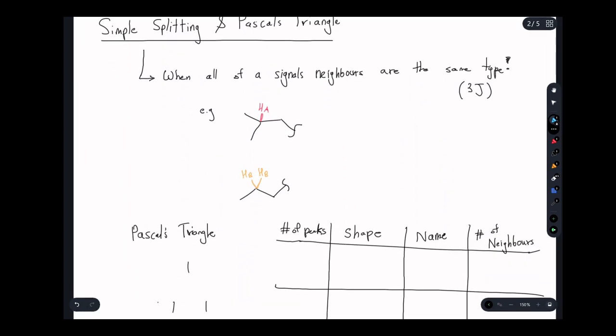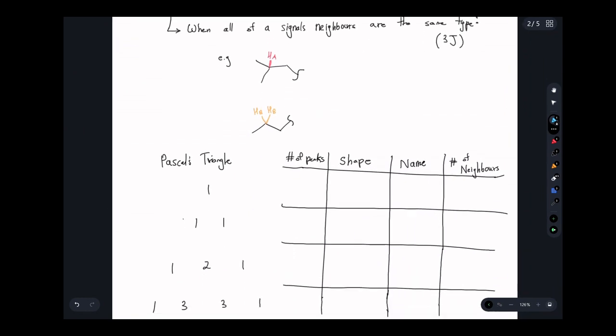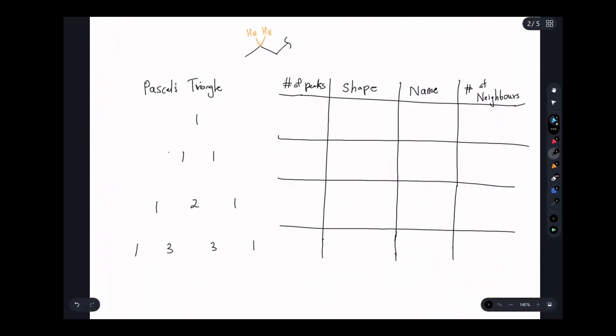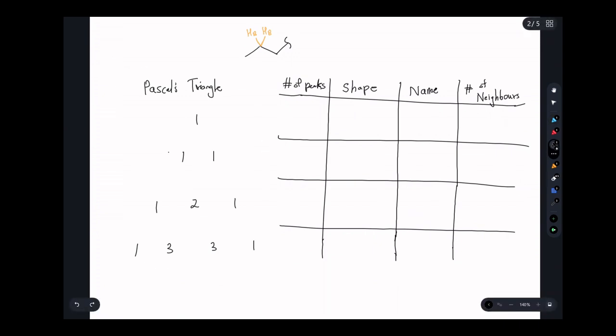Let's quickly talk about Pascal's triangle and how that helps us with splitting. So Pascal's triangle, if I zoom in here, is a quick little mathematical puzzle that, I don't know if that was initially, Pascal didn't discover this for NMR, but we ended up using it, and you'll see why later. The idea is that you take a 1 at the top, then you have 2 terms, 1 on both sides, and you keep adding 1 on the sides.